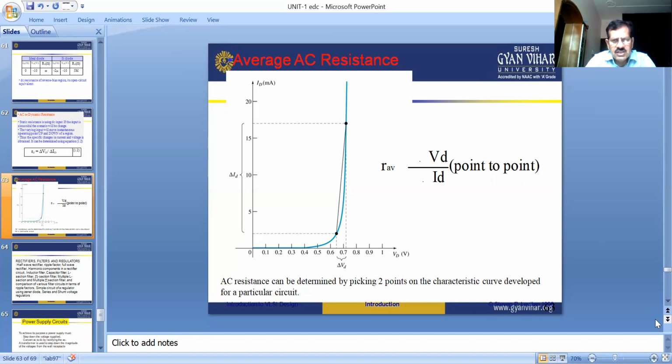Here we see in this graph R average equal to VD upon ID, point to point.